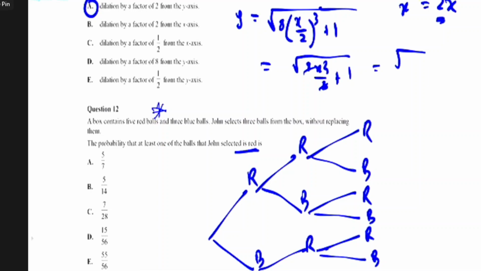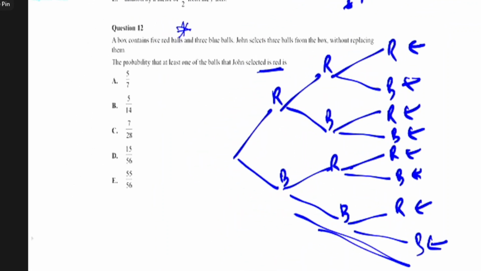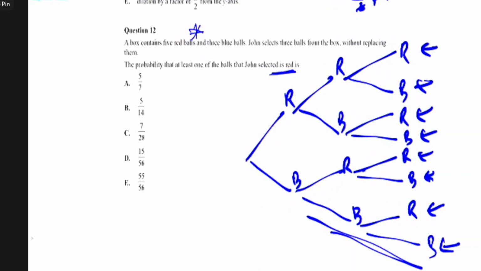So that means every single option here will have red except for this row here. So that means what I can do is find the probability of just this line. So here, the probability of red is 5 out of 8 and the probability of blue is 3 out of 8.